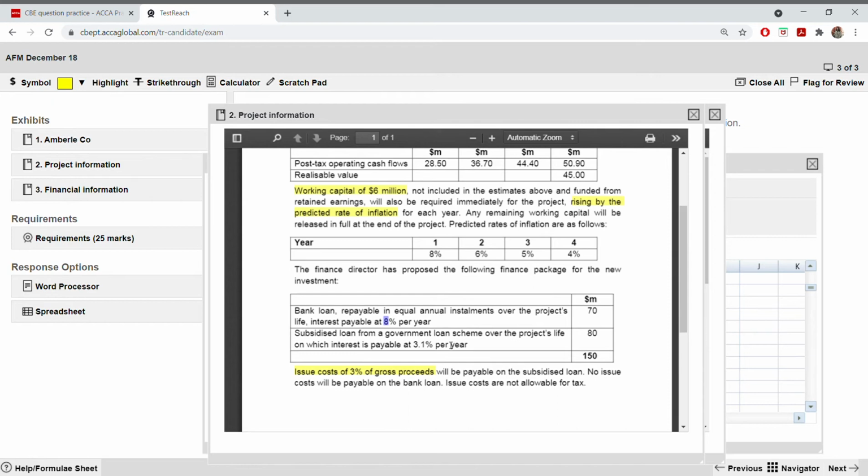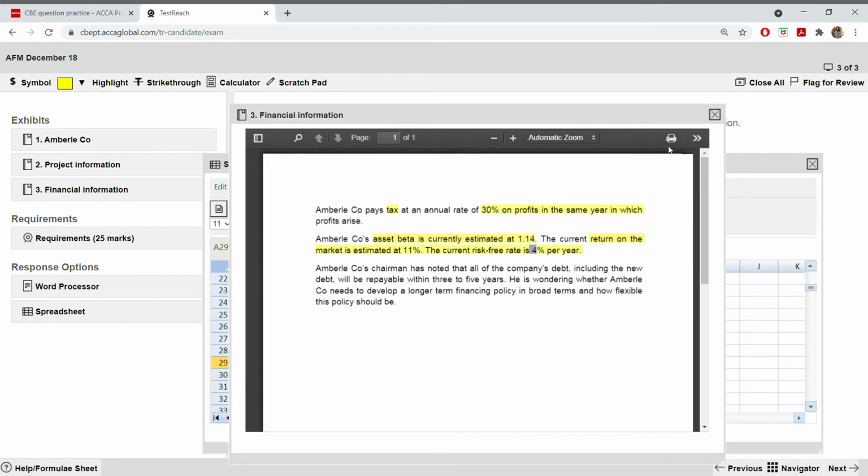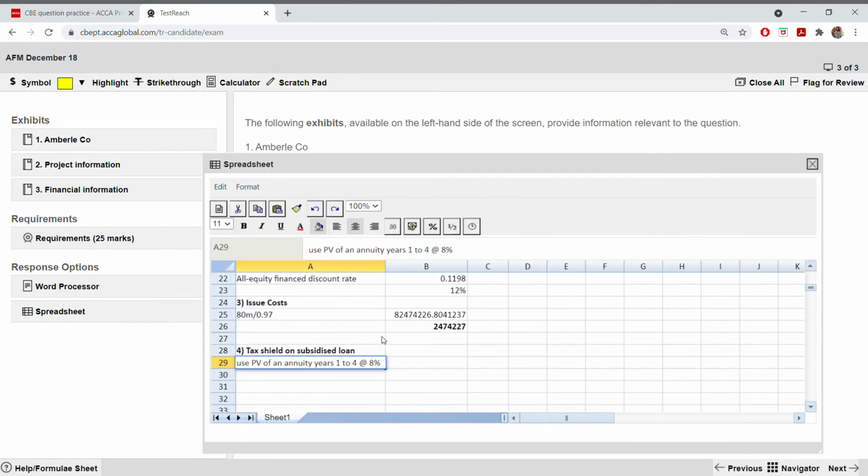But you have to be careful. You might be asking why not 3.1%. You can even use 3.1%, you are free, but here they have just used 8% because they are assuming 8% is the normal discount rate. This 8% is the normal bank loan interest rate, so you can use that, or 3.1% also, to discount and find the tax shield on your subsidized loan.